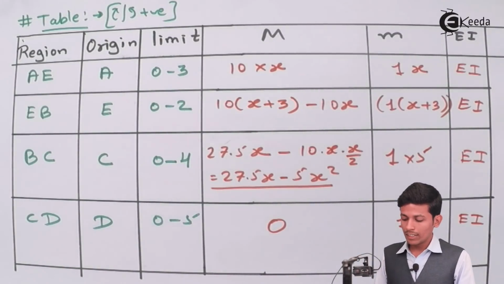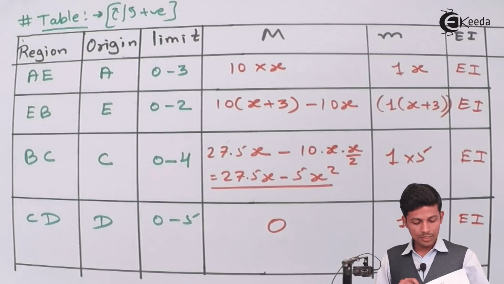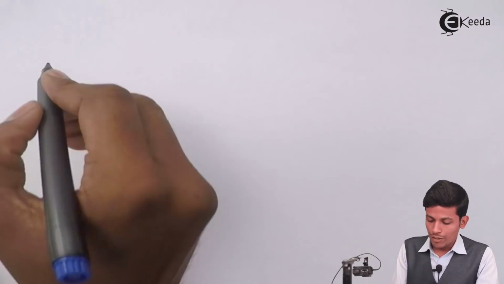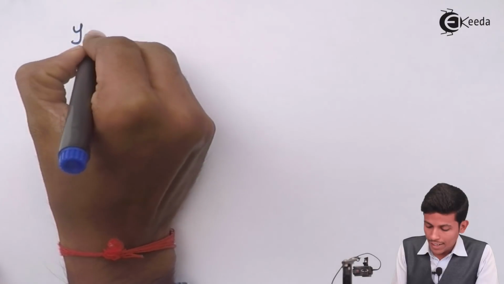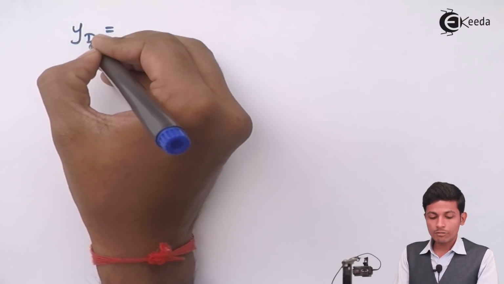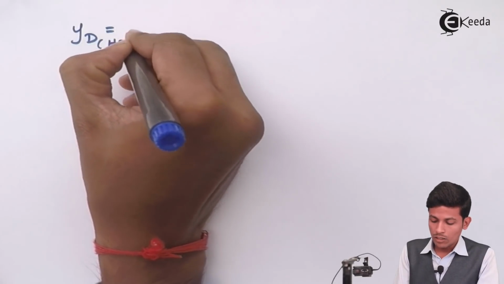Okay, now we are complete with the table. Now let's see how to put in the equations first. We have to find the deflection at roller support in horizontal direction. That's why we have to write y at D. Y stands for deflection, D stands for the joint D where we have to find it.